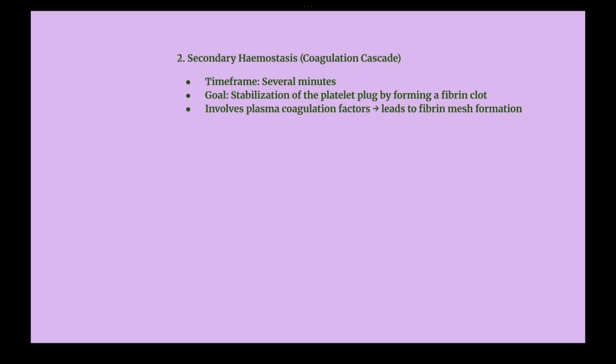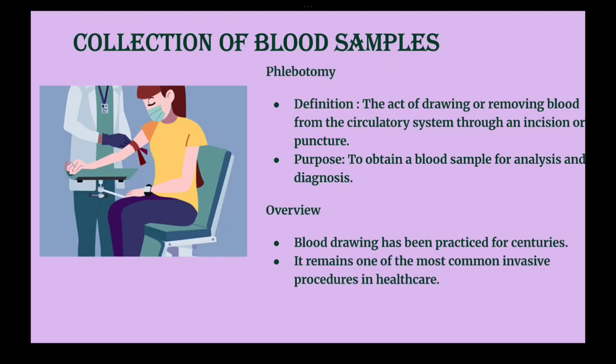Secondary hemostasis, as I told, is a coagulation cascade that might take several minutes. The goal of secondary hemostasis is to stabilize the temporary platelet plug into a permanent clot by forming a fibrin clot. It involves the plasma coagulation factors to form a fibrin mesh that will form a permanent clot.